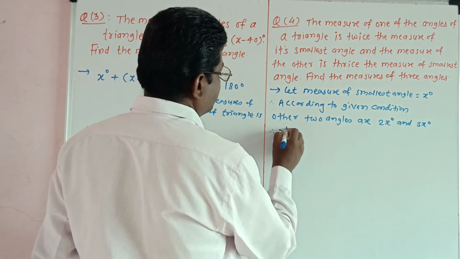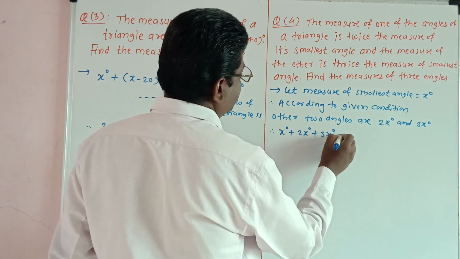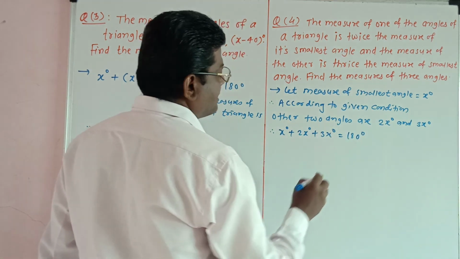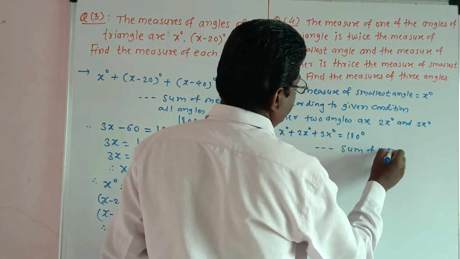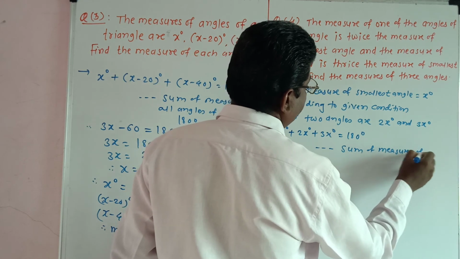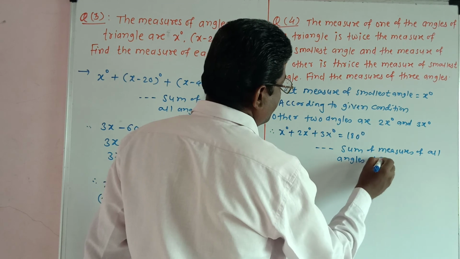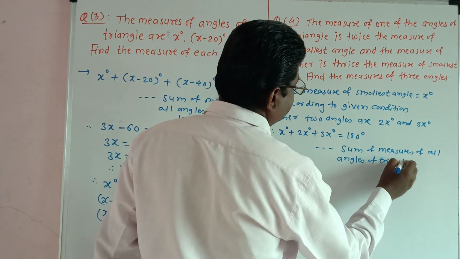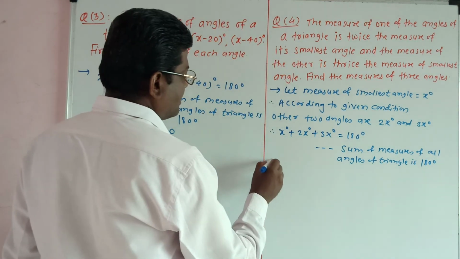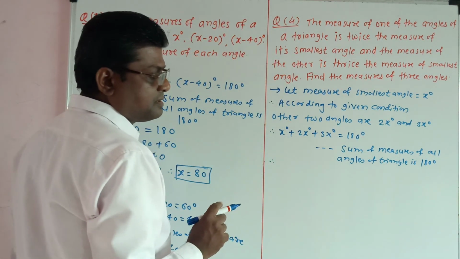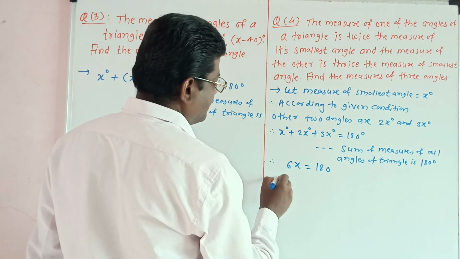Therefore, x degree plus twice x degree plus thrice x degree is equal to 180 degree. The reason is the sum of measures of all angles of a triangle is 180 degree. Therefore, x plus 2x plus 3x, 6x is equal to 180.